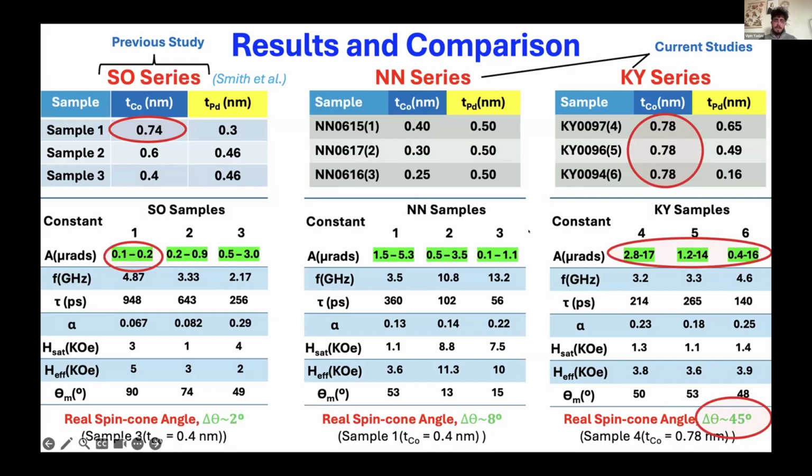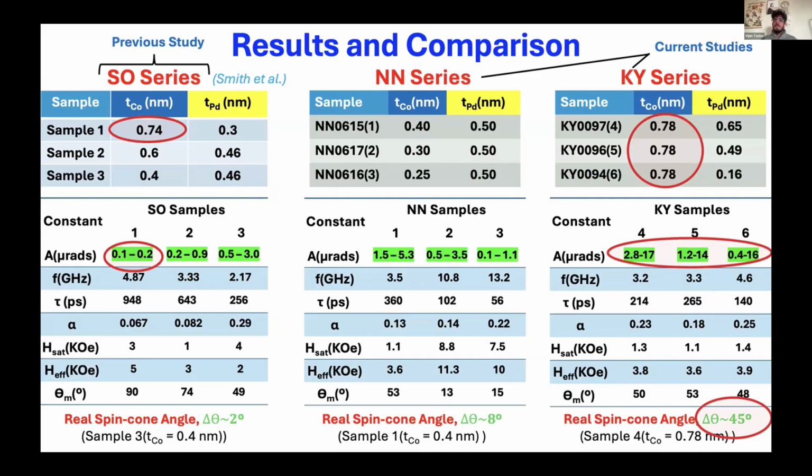So we talked to our collaborator: okay, the cobalt thickness is the same for both of these samples, but why are we seeing this huge difference among the amplitude of oscillations? After talking to them, they provided information about how the samples were grown, and they implied that the KY series were grown in better experimental conditions, meaning that the interfacial smoothness was better for the KY series.